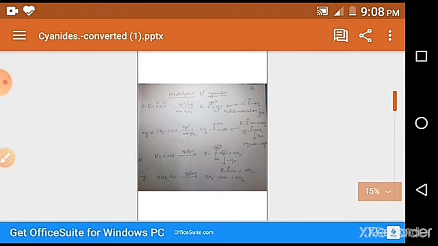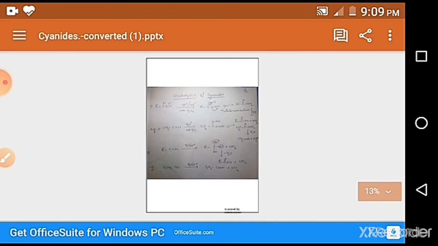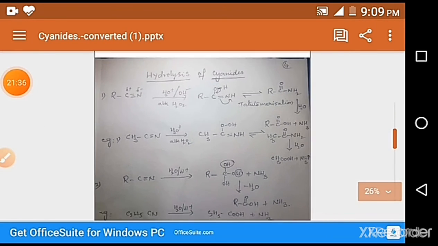This is one of the reactions. The first reaction is hydrolysis. Cyanides on reaction with water, either in acidic or basic condition, give acids or acid salts. These are the examples. Next reaction, next slide.